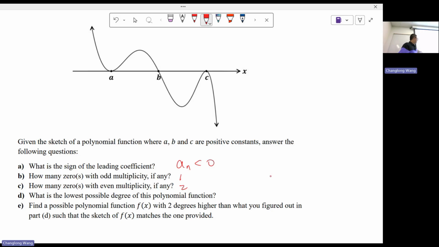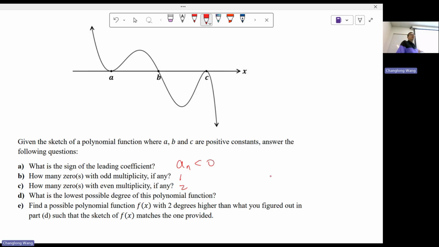But letter d, I would like to hear what you guys think about letter d. The lowest possible degree of a polynomial function like that. Is there a way to connect a question like that to something that we mentioned yesterday?